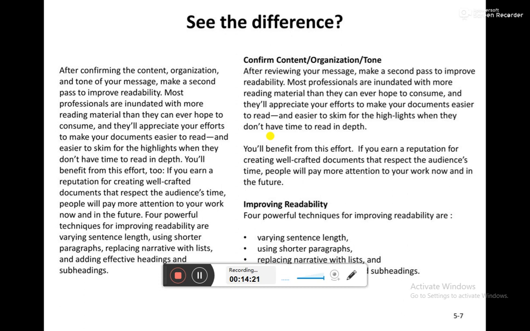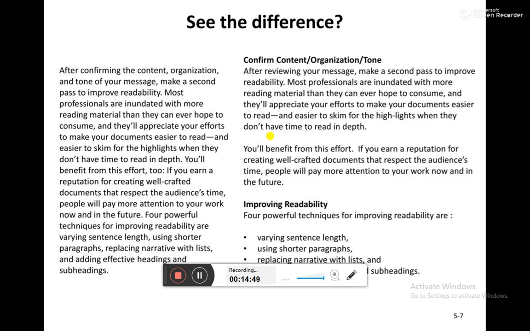When they don't have time to read in depth, you will benefit from this effort too. If you earn a reputation for creating well-crafted documents, you earn the respect of the audience, so people will pay more attention to your work now and in the future.